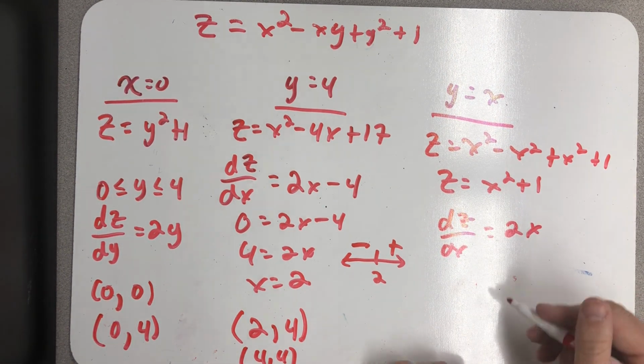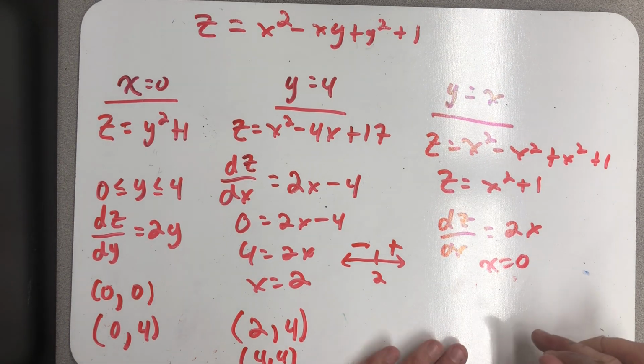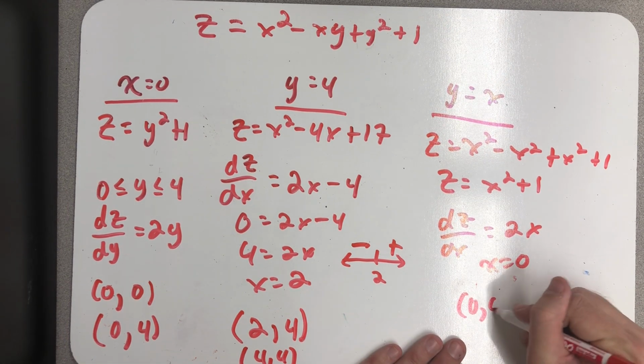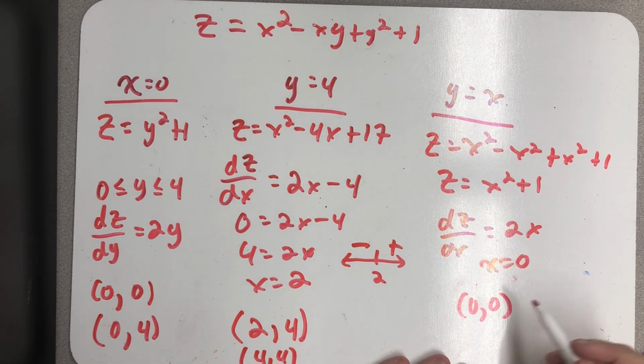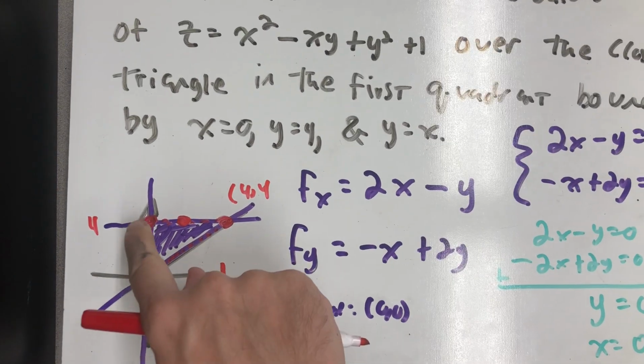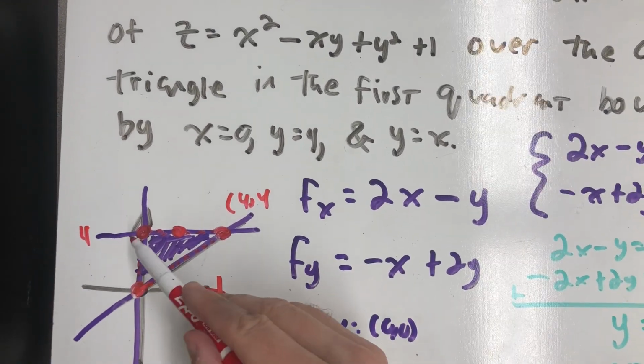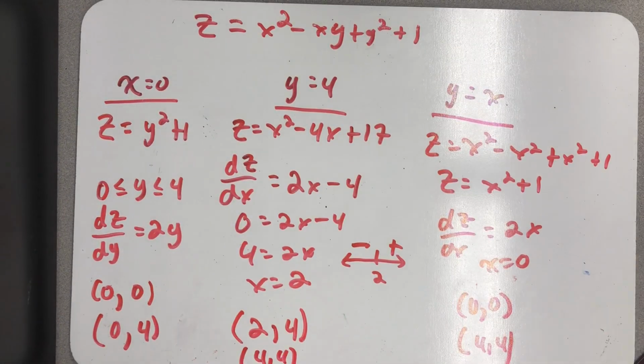The only place that is equal to 0 is when x is equal to 0. So on this piece, I only need to worry about the 2 endpoints, which I'm going to write down as 0, 0 and 4, 4, but I already have those on my list because I've already written down all the corners of that triangular region. I have 1, 2, 3, 4 points to consider for the locations of my absolute min and absolute max.